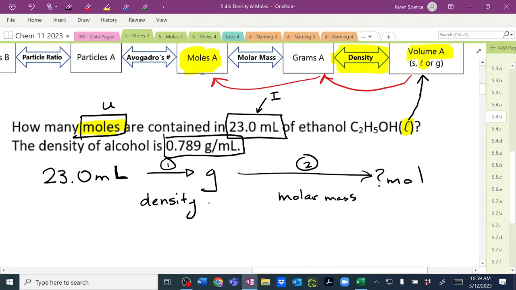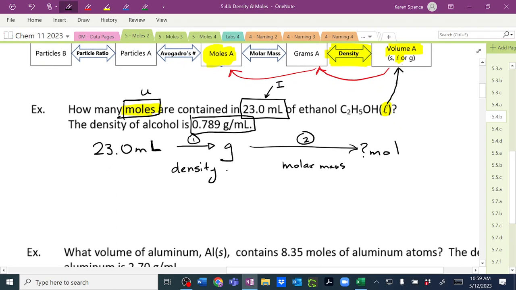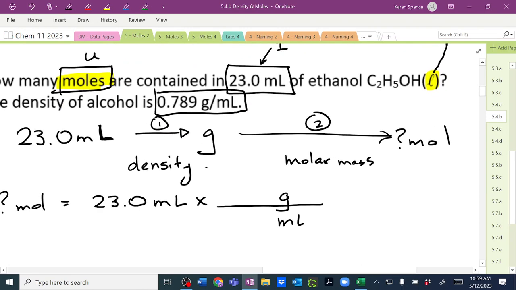Okay, so what we've got then is, I don't know how many moles is equal to 23.0 milliliters times, and I want to cancel the milliliters and find the grams. So I'm going to use this density here. 0.789 goes with the gram.